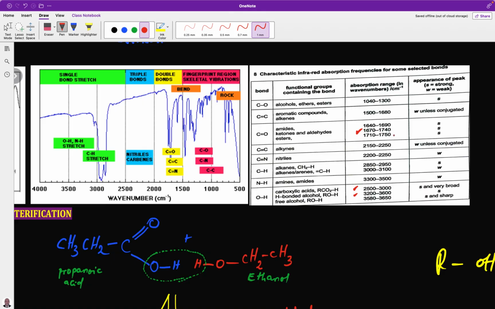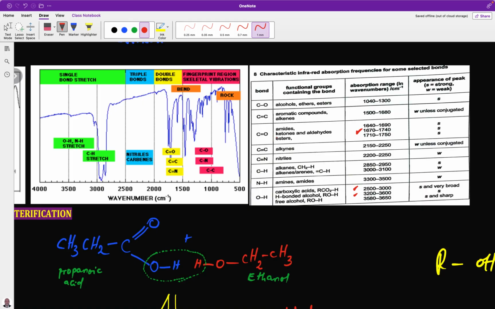So the infrared spectrum for the alcohol, for propan-1-ol, will have no peak within the range of 1670 to 1740 because there is no carbonyl group in the alcohol.